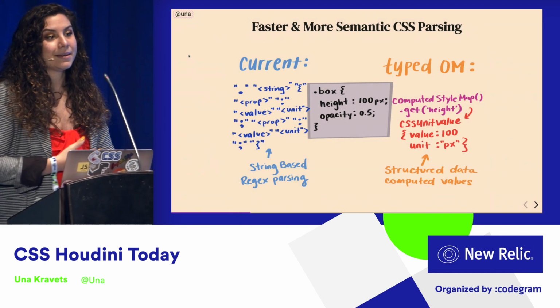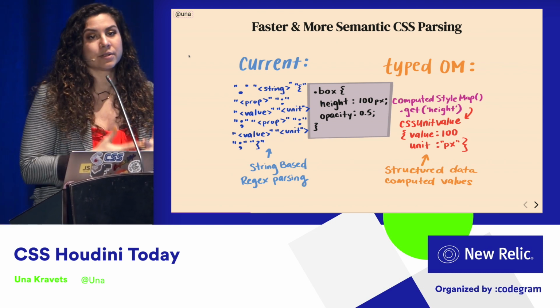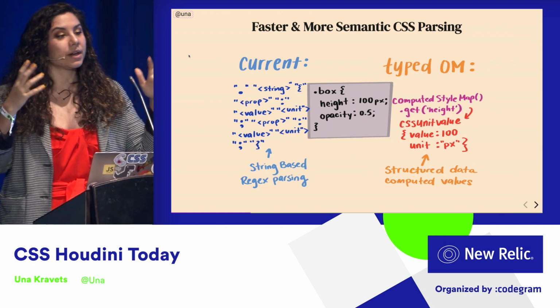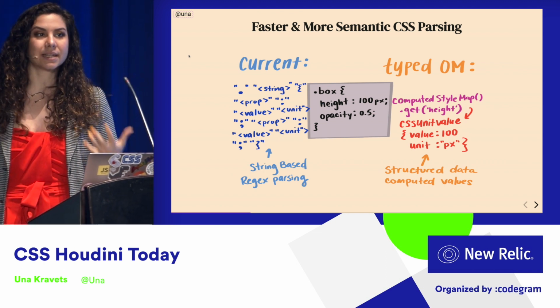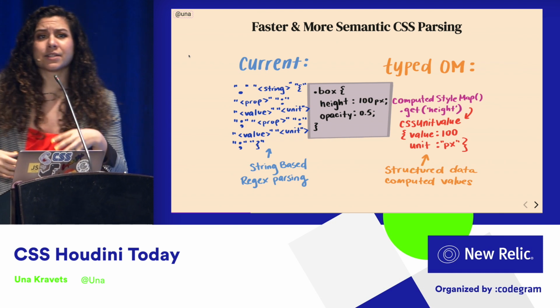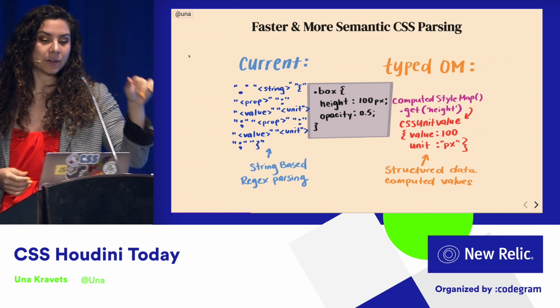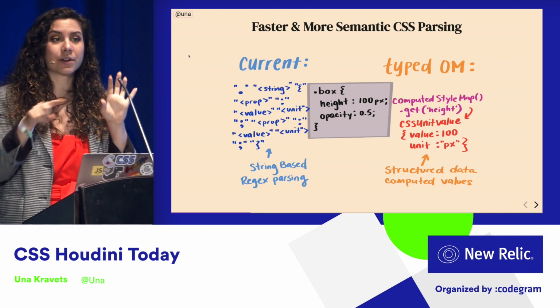The typed OM allows for faster and more semantic CSS parsing. Right now, when the browser is reading the CSS, it does this string-based regex magic, where it goes through and it looks for all of these individual characters to make some meaning out of those characters. It looks for a dot signifying a class or an ID, or maybe there's nothing there because it's just a base element. It's looking for a string, and then it'll stop that search when it gets to that open curly brace.